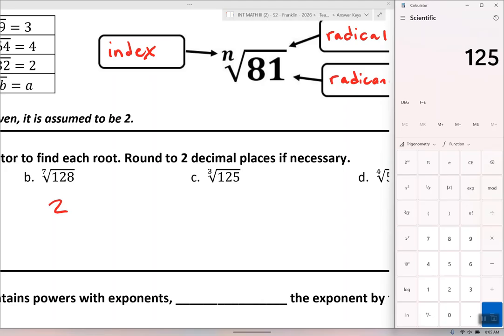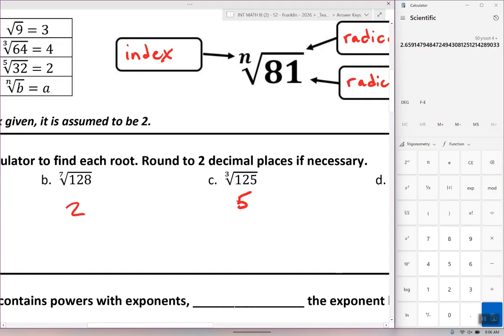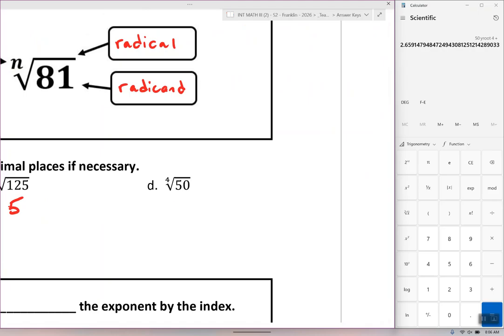The cubed root of 125, not the fifth root, is 5. And finally, the fourth root of 50. Let's see what we get here. We get a decimal, 2.659, etc. And it says round to 2 decimal places if necessary. This one would not really have been possible to find with prime factorization. So 2.66 approximately to the fourth power would equal 50.